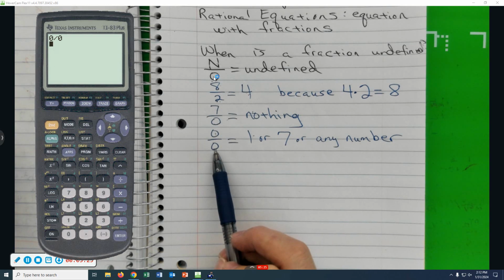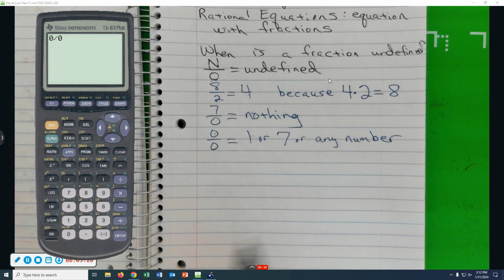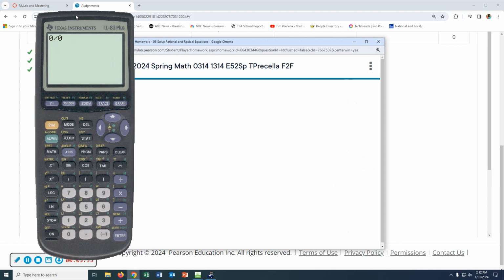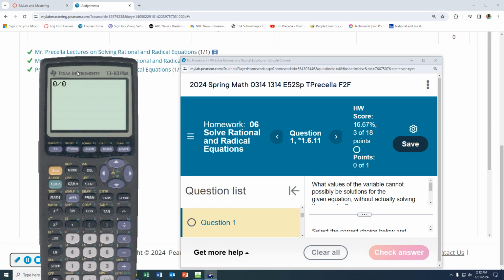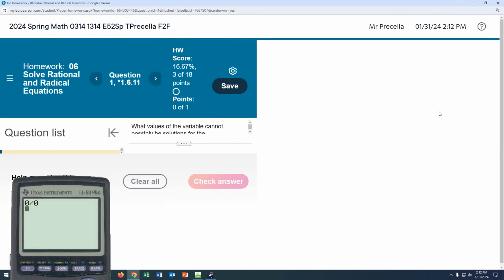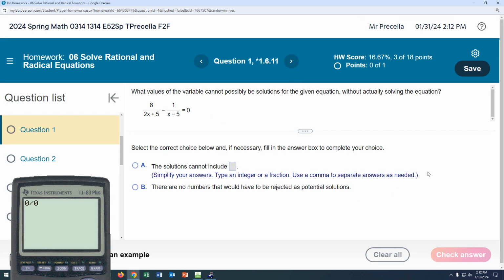If there's a denominator of 0, the fraction's undefined. Looking at number 1, they're going to give us a rational equation. What values of the variable cannot possibly be solutions for the given equation? Don't actually solve the equation, they're just asking what numbers cannot possibly be solutions.